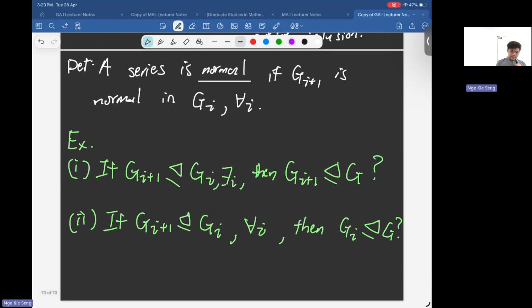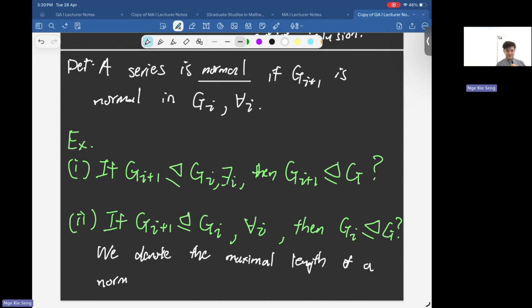Okay. And then we will denote the maximum length of a normal series. So we only define it for normal series, G, by L(G), if it is finite.